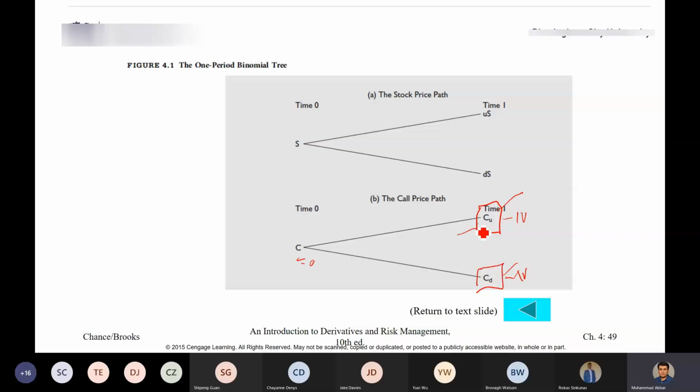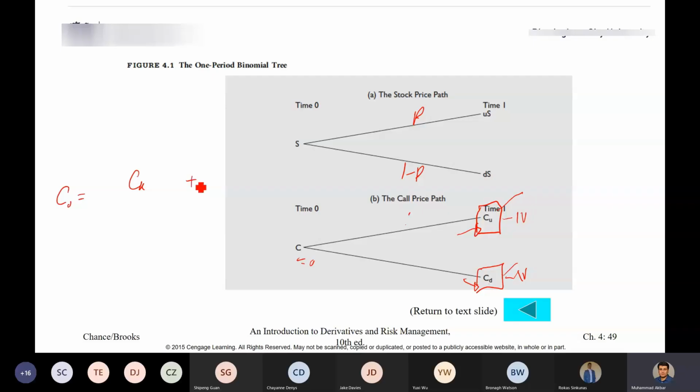So either you will receive this cash flow if the stock price goes up, or this cash flow if the stock price goes down. This necessitates only one thing, that we take into account the probability of the stock price going up and the probability of the stock price going down. If I want to calculate the current call price, I need to know what is the cash flow that I will receive if the stock price goes up.